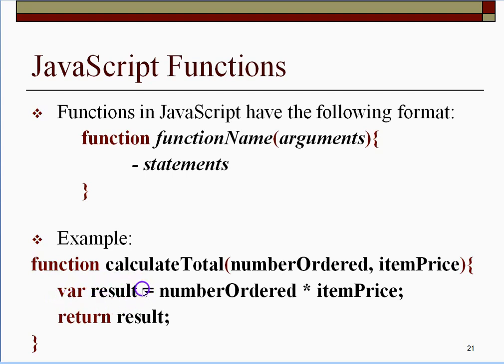This will be a new local copy having to do nothing with anything outside the function. So this variable here will become the two arguments multiplied together, and then the return keyword is used in this statement that returns the result as the outcome of this function.